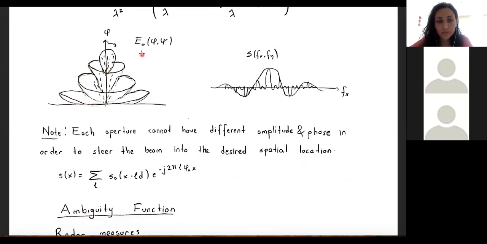Once you know the relationship between the radiation pattern and your illumination function, then you can state tasks like what should be my illumination function to achieve this pattern. And that's what an antenna designer will do mostly. You should first understand it mathematically, and then of course you should physically implement that. That should also be possible. So these are more like antenna design topics.